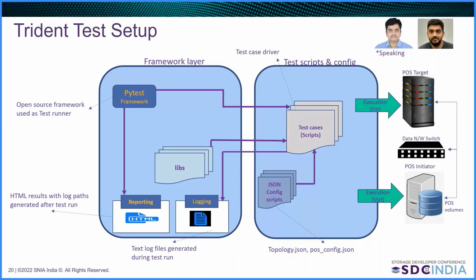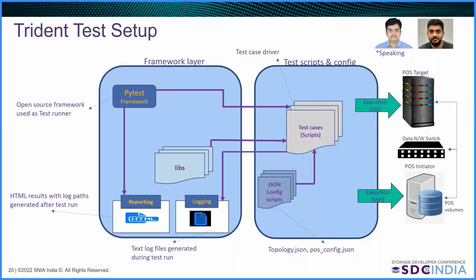As you can see in this pictorial representation, there are three participant systems. One is your Poseidon target, the second one is the Poseidon initiator, and the third machine would be your test execution machine, on which the Trident is hosted.